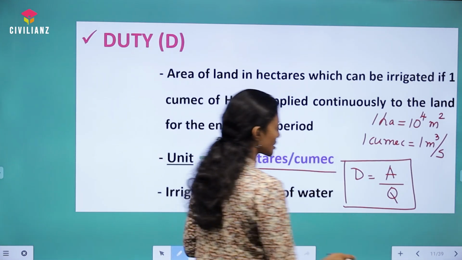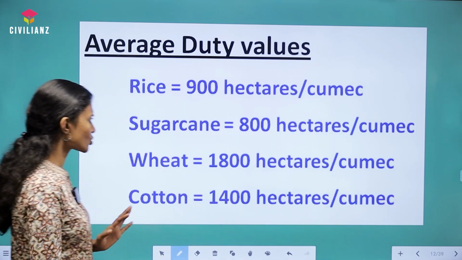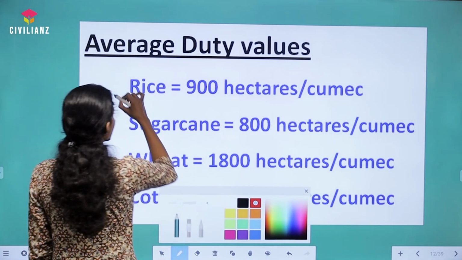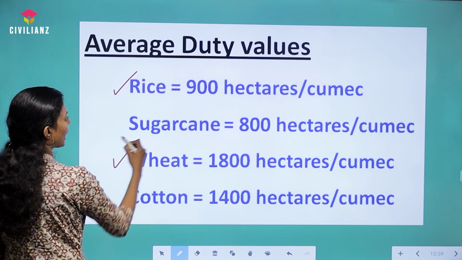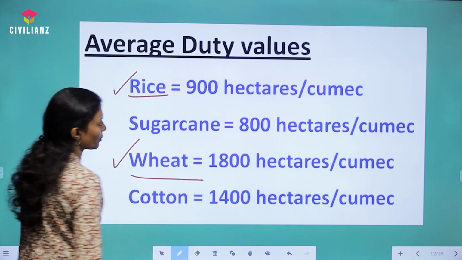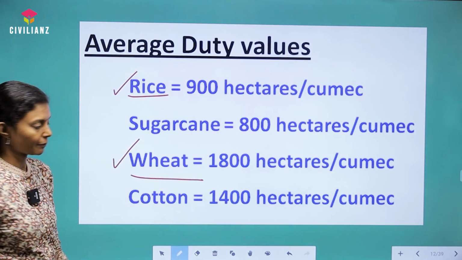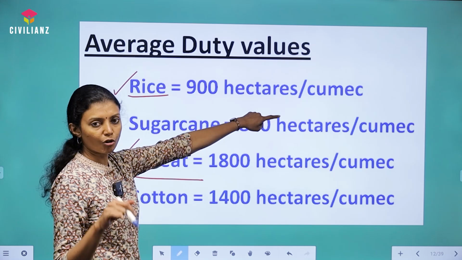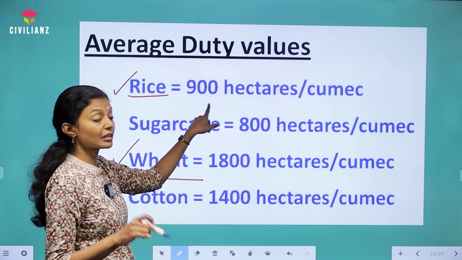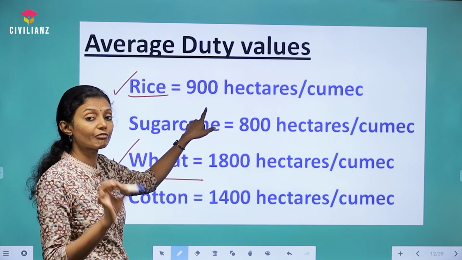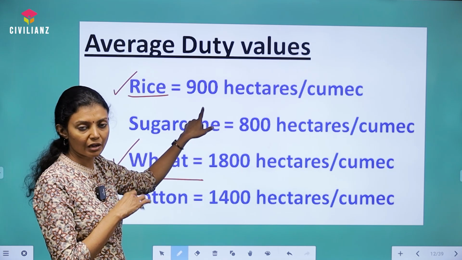We can see a few examples also. We all know that rice is a Kharif crop and wheat is a Rabi crop. So, just have a look at the duty. Using 1 cubic of water, you can irrigate 900 hectares of land in a Kharif crop or a rice field.